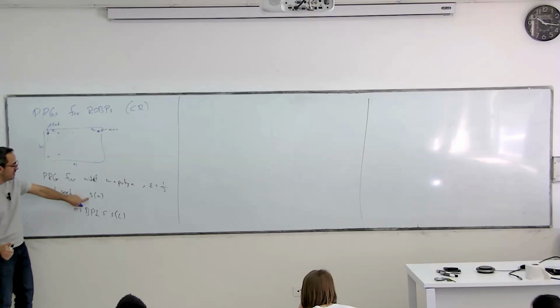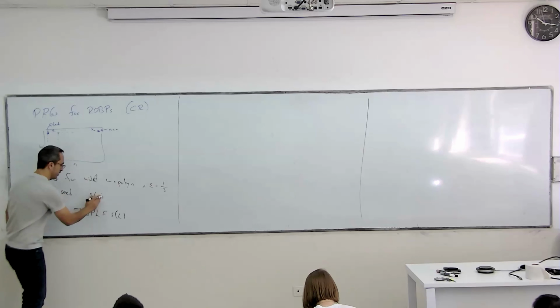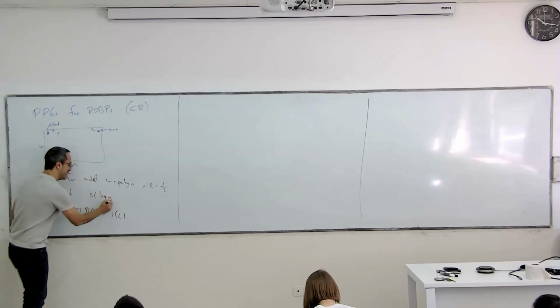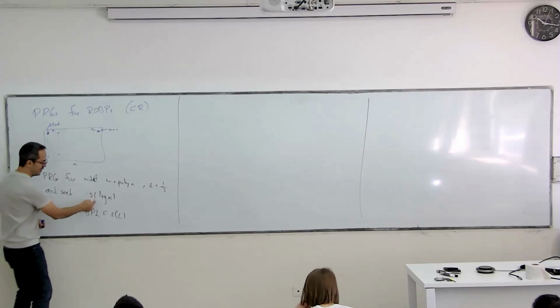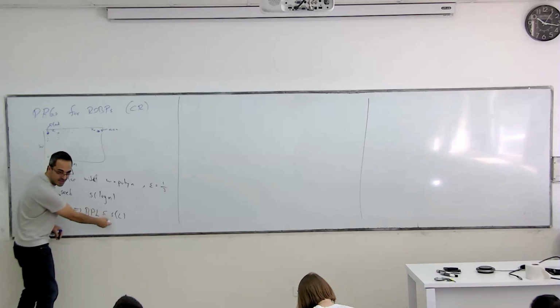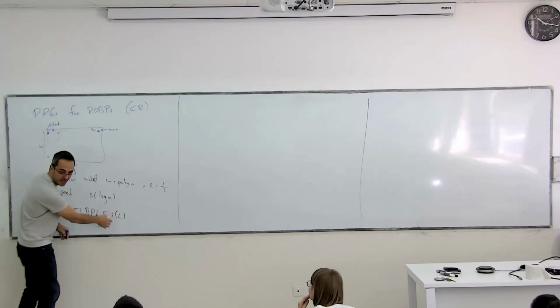Like, if S is, we've seen, come on, this is easy. If it's order of log n, you get BPL is in L. If it's like log n squared, then you get BPL in L squared and so forth.